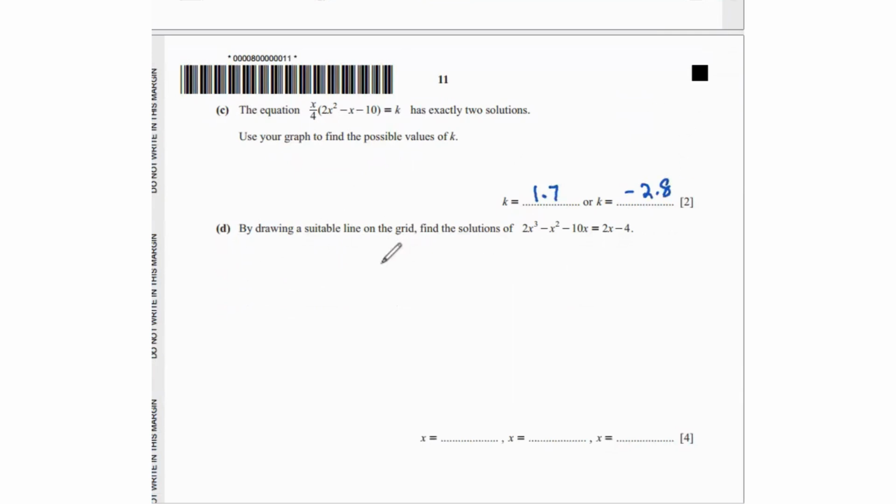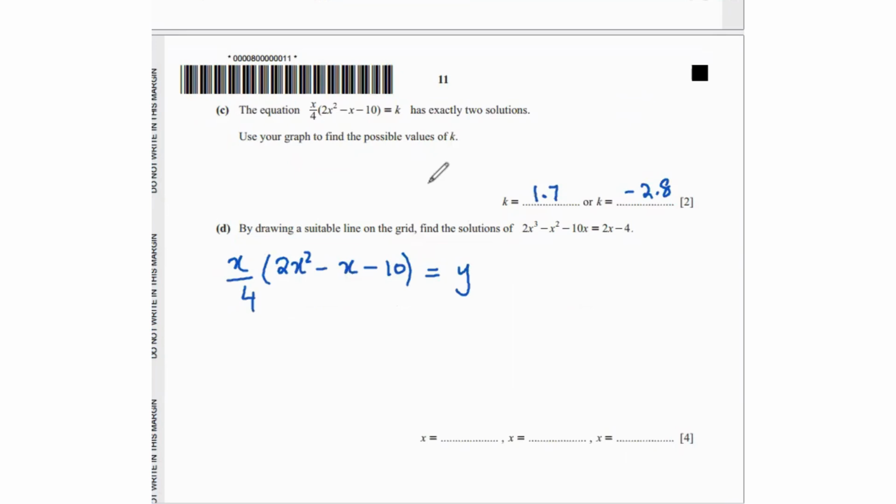Then it says by drawing the suitable line on the grid, find the solution of 2x cubed minus x squared minus 10x equals 2x minus 4. So first, if you look at our original equation, that's x over 4 times 2x squared minus x minus 10 equals y. Clearly y is being replaced by some other expression.